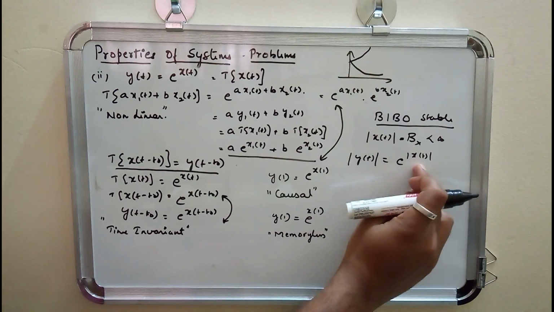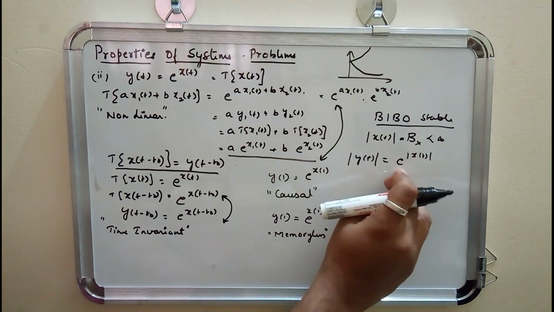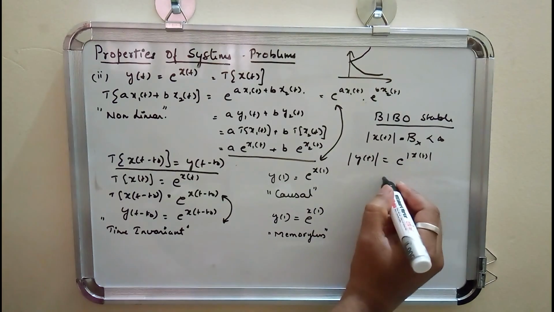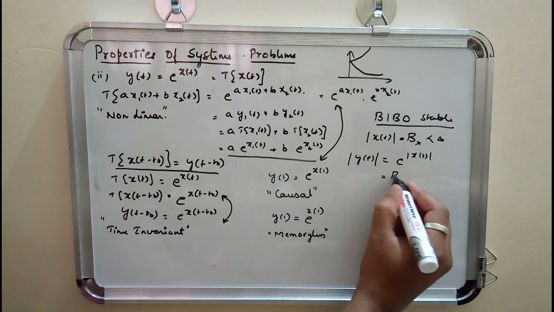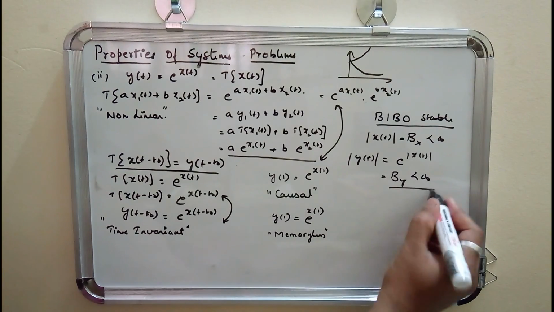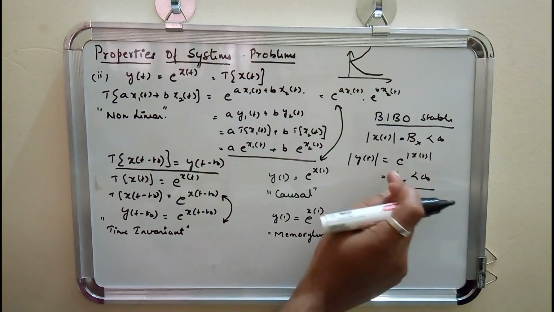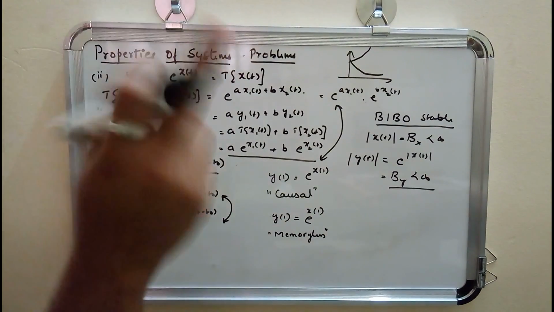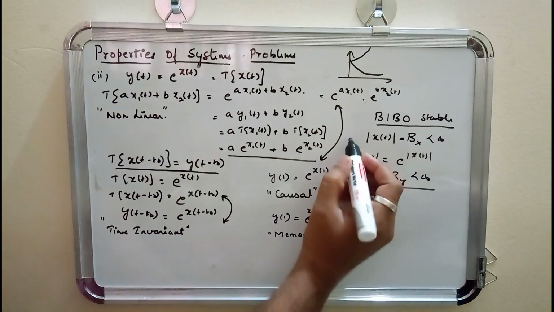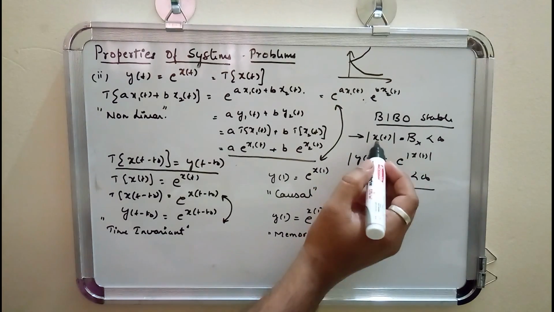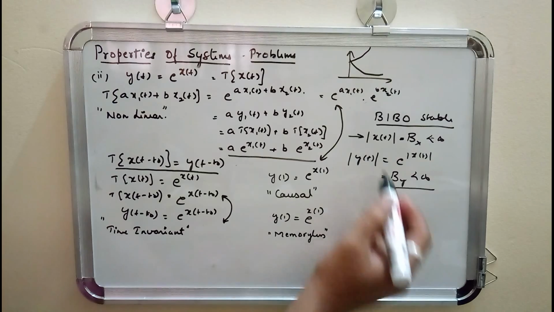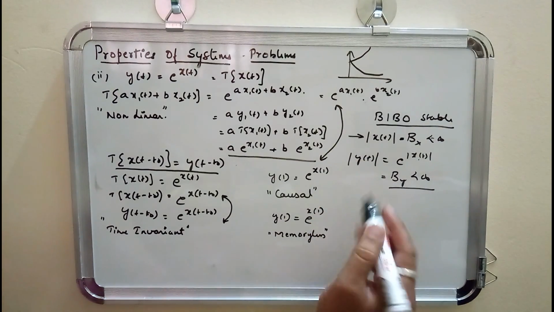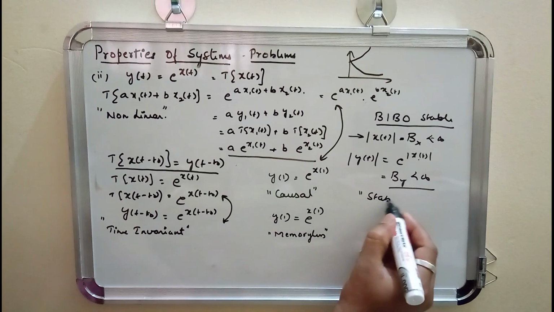Since the x of t value is bounded, exponential to the power of a bounded value will always be some value less than infinity. The exponential term would lead to infinity only when x of t is infinity. But we have already assumed, from the definition of BIBO stability, that x of t is bounded. So if x of t is bounded, the output is also bounded. So the system is stable.